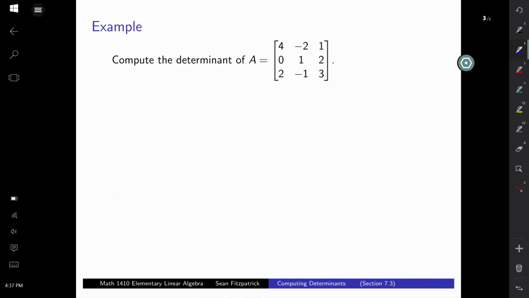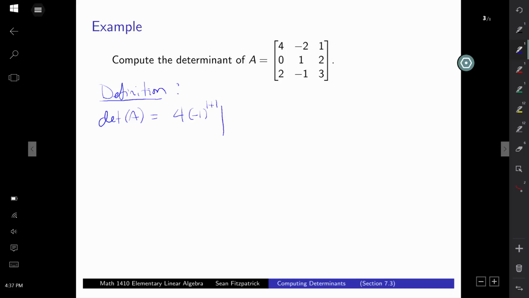Okay, so let's say I want to compute this determinant. So let's do the definition first. So the definition says I should expand along row 1. So I do the (1,1) entry, 4, times the (1,1) cofactor, minus 1 to the 1 plus 1.